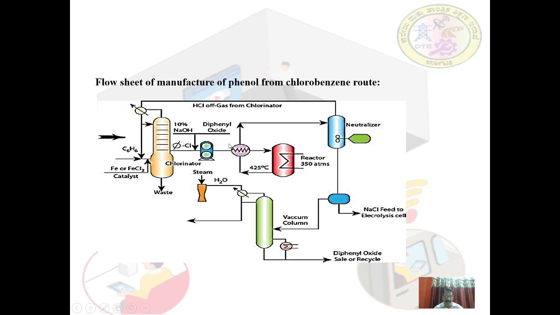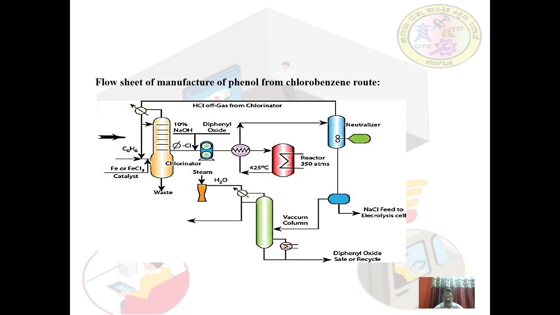This is the preheater, and then to a multiple effect, multi-tube reactor where castilization occurs, and here castilization occurs at a temperature of 425 degrees centigrade and 330 atmosphere pressure.